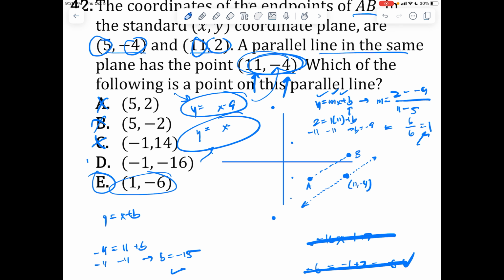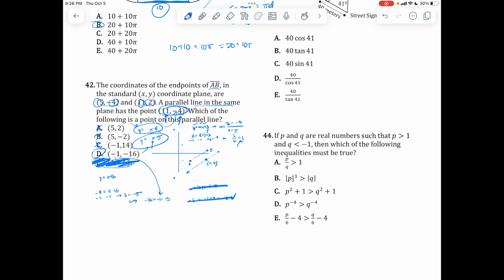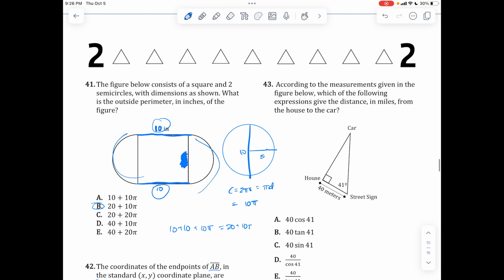Now let's plug in answer option D. Negative 16 equals, sorry, negative 1 minus 15. Yeah, that makes sense because x is negative 1, and originally your slope is positive. So it's just negative 1 minus 15. Yep, so answer option D is actually correct. All right, cool. Awesome. Glad we got that one right.